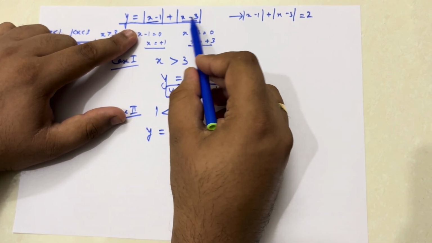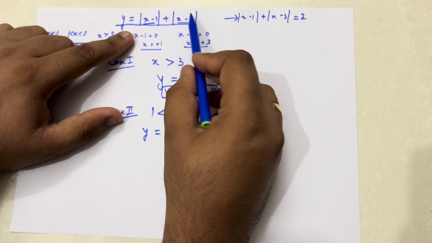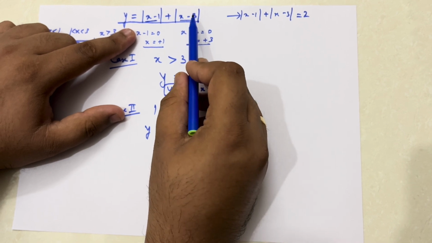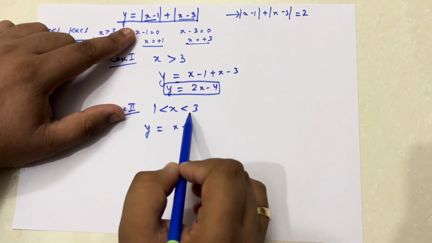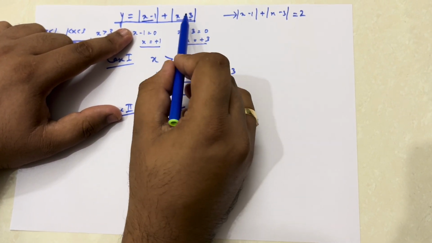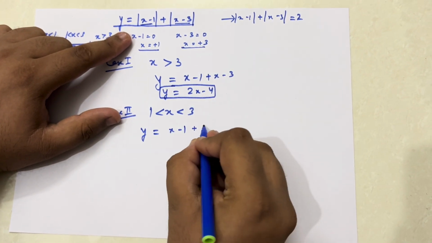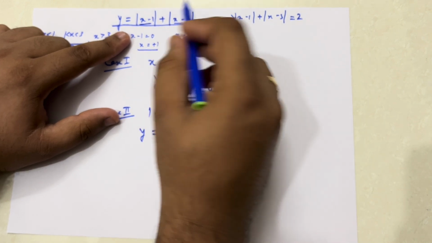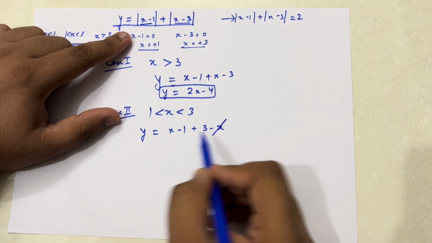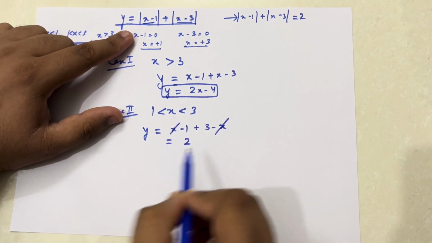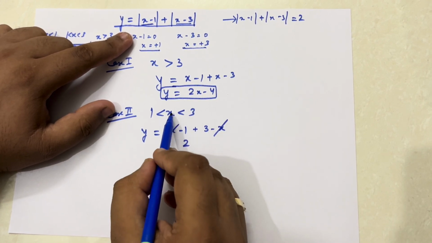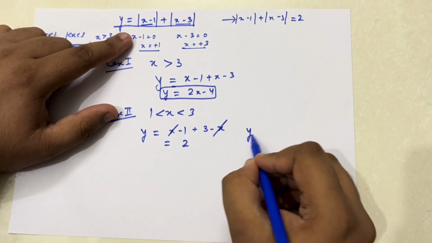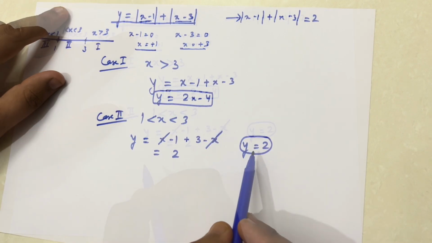What will happen to the other part? x minus 3 is not positive because x is between 1 and 3. So to make it positive, you write 3 minus x, and you can remove the mod. So x cancelled, and y becomes equal to 2. If x lies in between 1 and 3, y gives a value of 2.